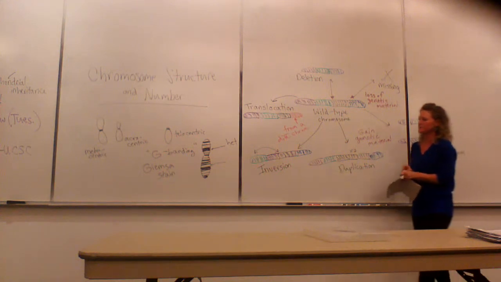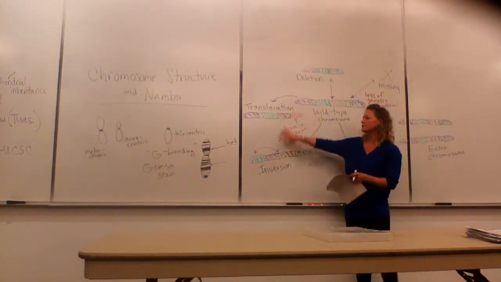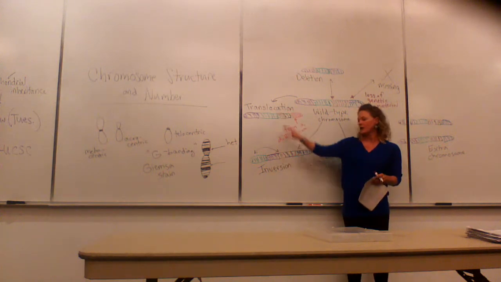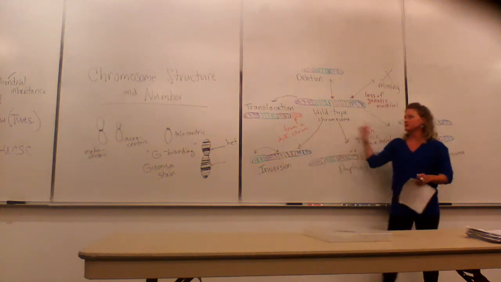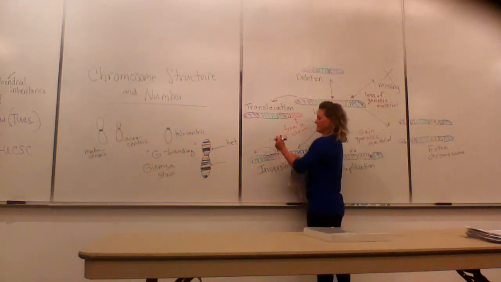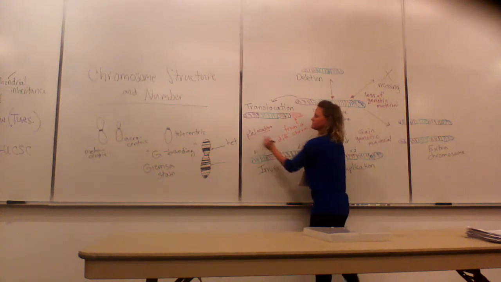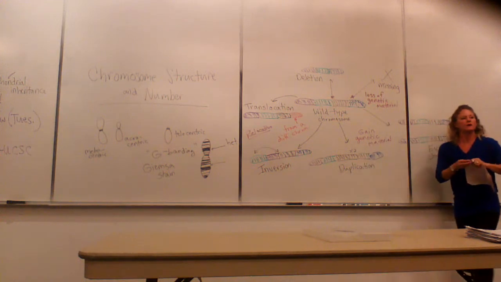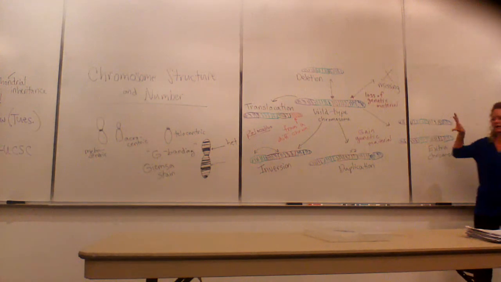And then the other two, inversion and translocation, it's more of a relocation of genetic material, somewhere else in the genome. We'll get into detail a little bit more about each of these scenarios, but I wanted you guys to have this overview.